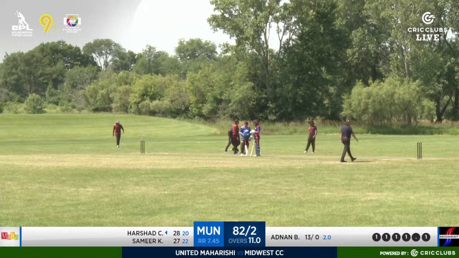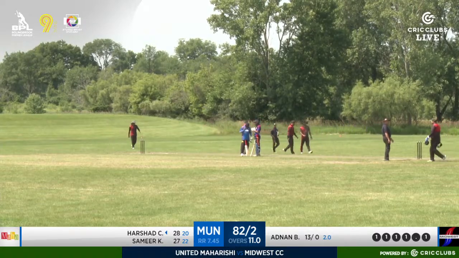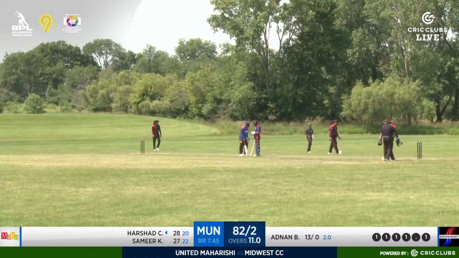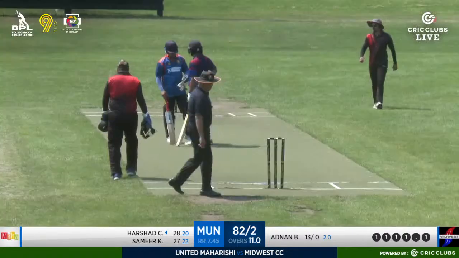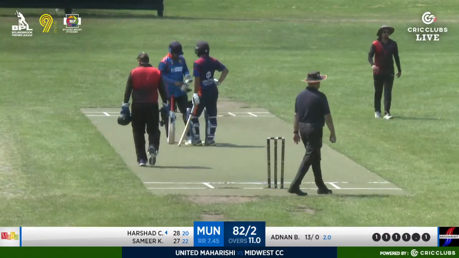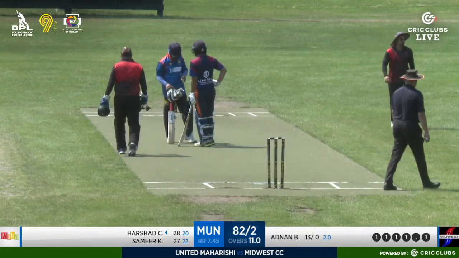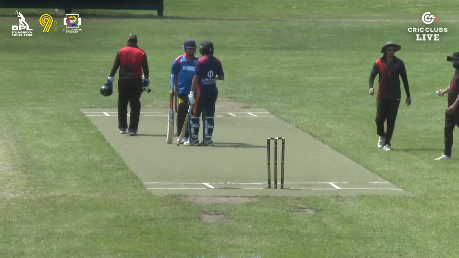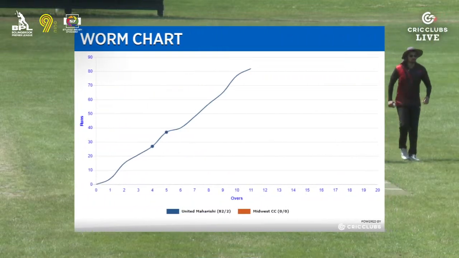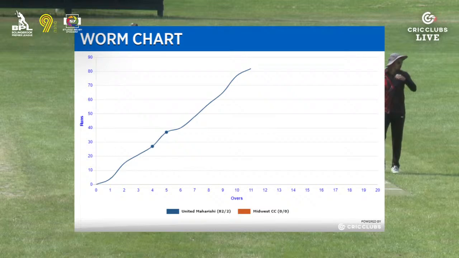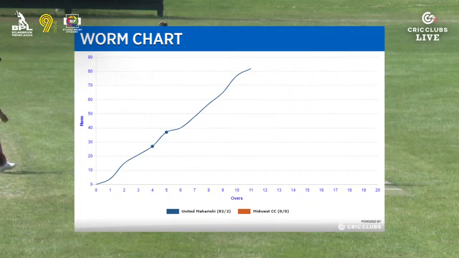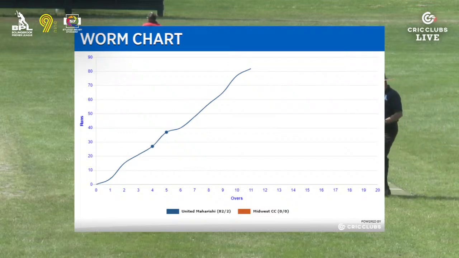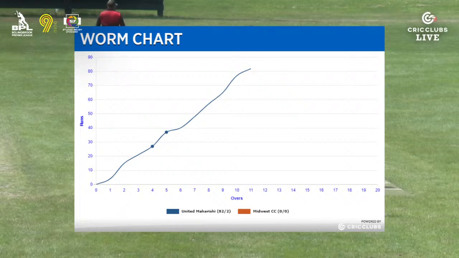So after 11 overs, United Maharishi on to 82. I can see the blue worm going along fairly consistently at around the 7.5 runs per over mark. The 2 quick wickets there at over 4 and 5. But since then, these 2 batsmen have got themselves fairly well established.